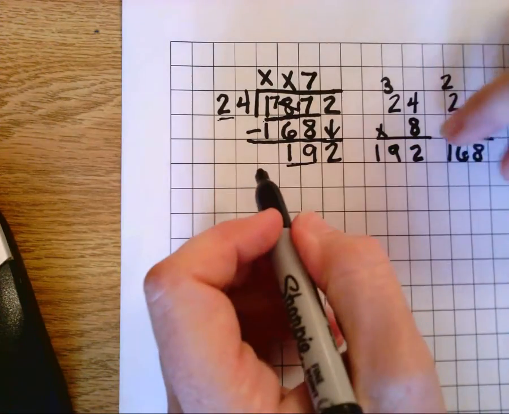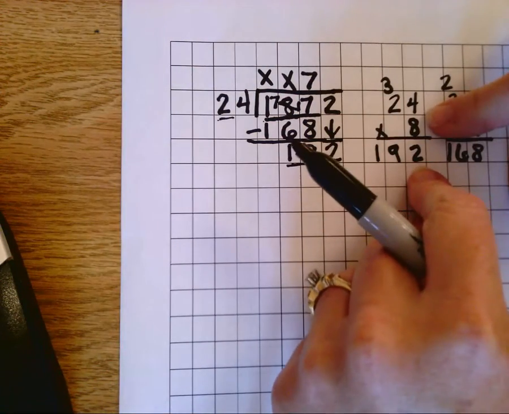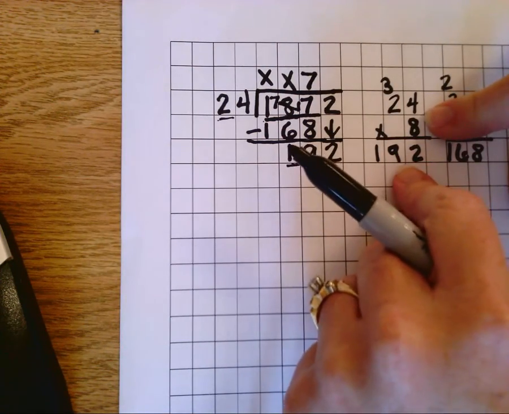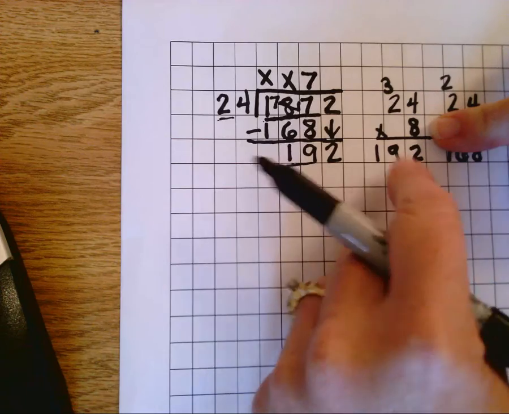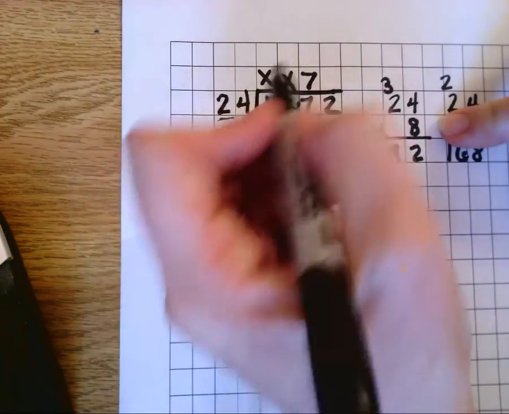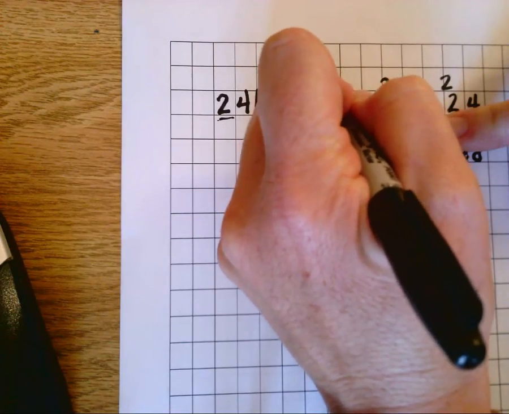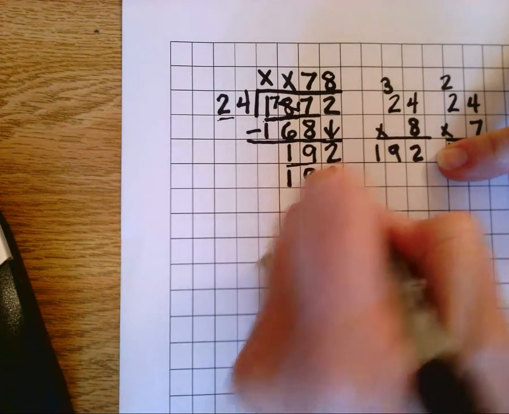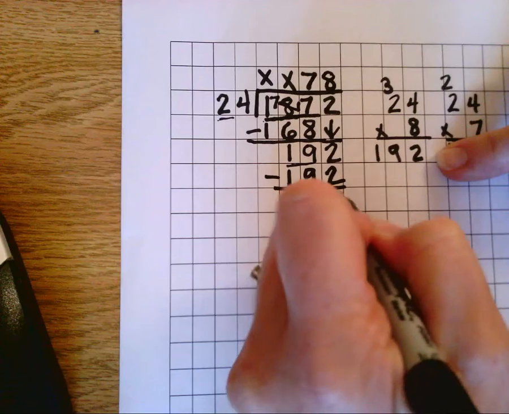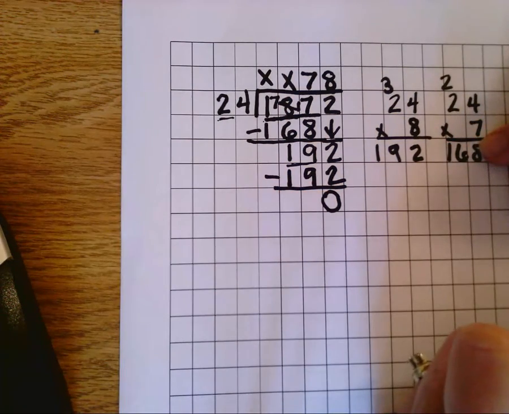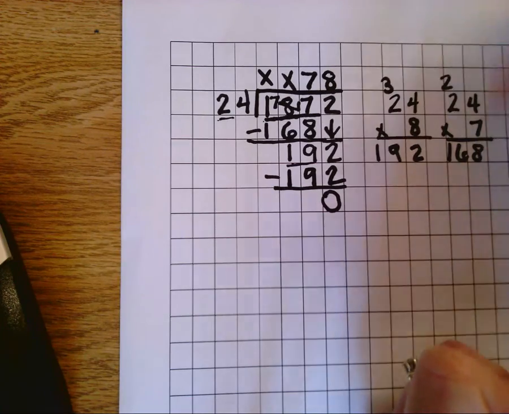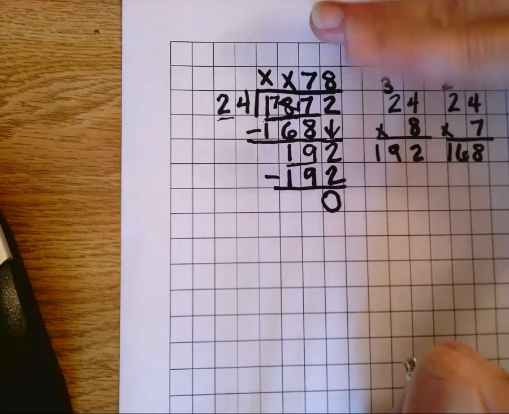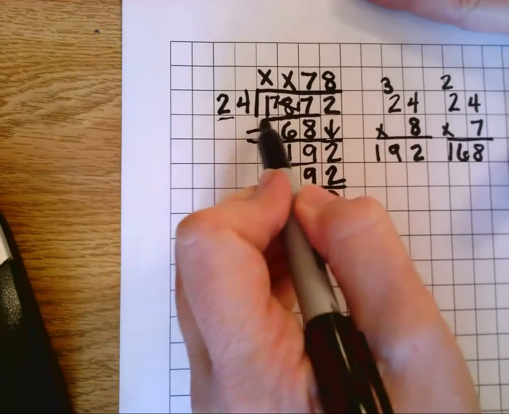Well, I think last time what we did was 24 times 8, and look, it's actually 192. So we know that 24 times 8 is 192. So 8 would go up here in the quotient, and then we would bring 192 down here, and there would be no remainder.